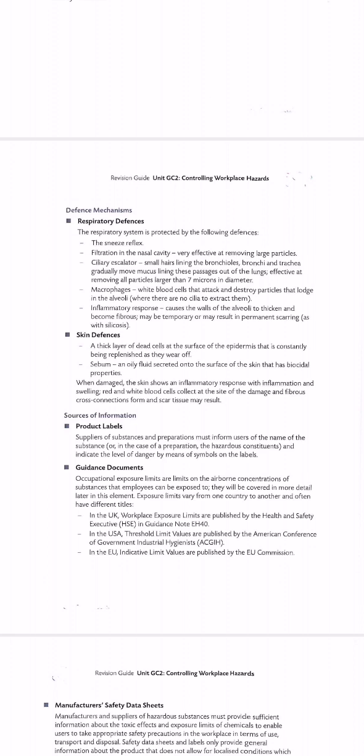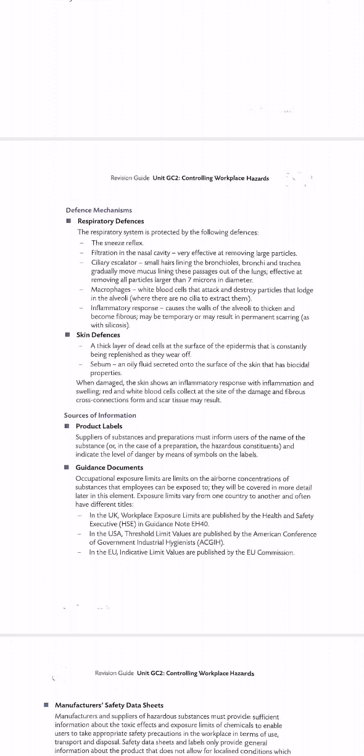The supplier of a substance or preparation must inform the user of the name of the substance, for example in the case of a preparation, the hazardous constituents, and indicate the level of danger by means of symbols on the label. So this simply means that they should put every chemical that they use to make certain creams or certain food items on the label, so people will know if these things are allergic to their system.